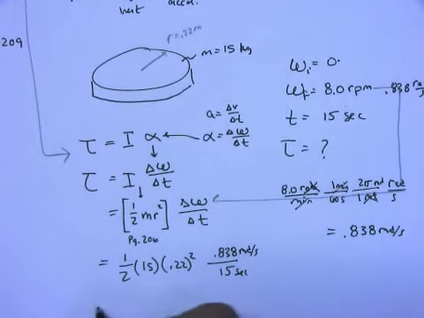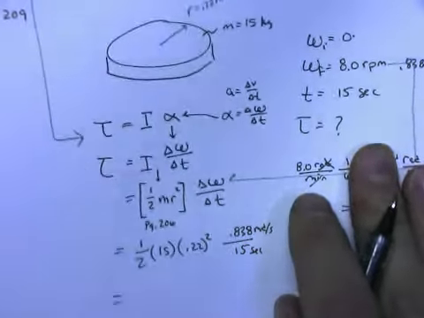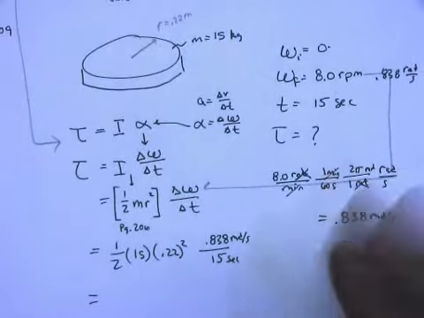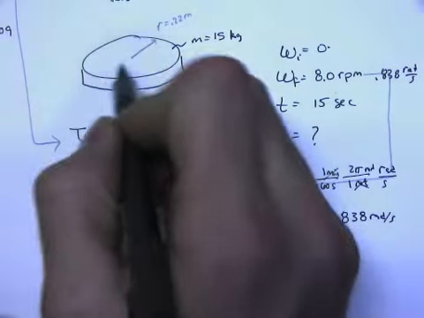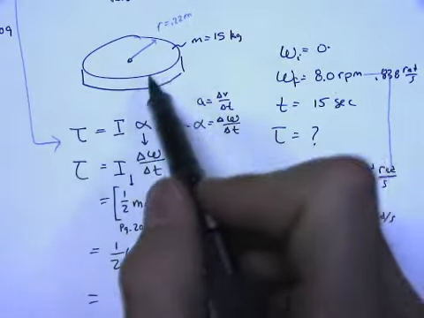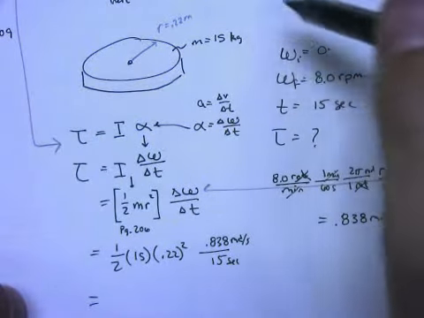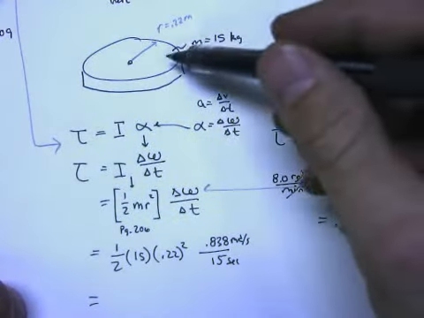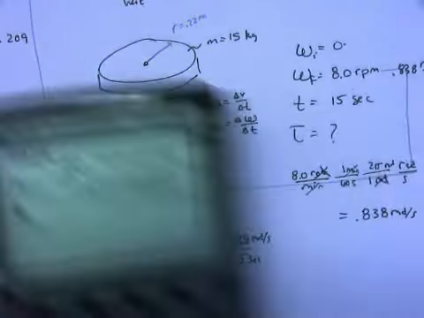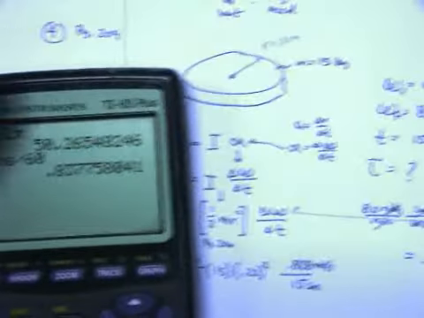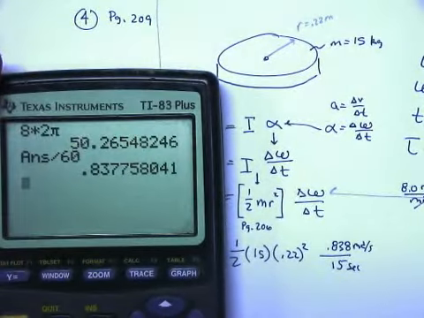Now I just ram this whole thing through on my calculator, and I can figure out how much torque it takes to start cranking this solid steel wheel from rest up to spin it up to 8 RPM in 15 seconds. So it's just a bunch of plugging everything into my calculator.